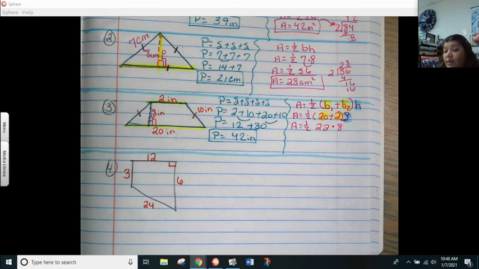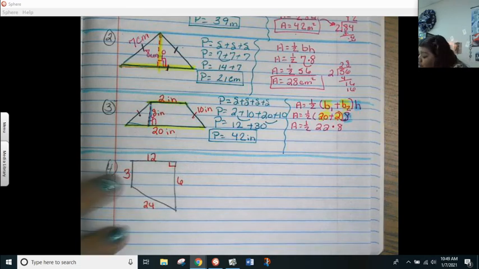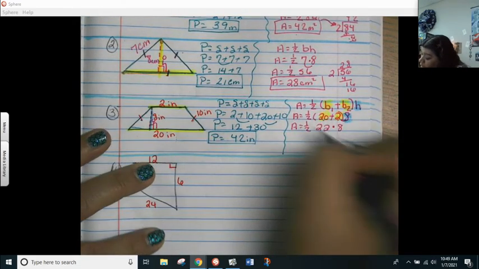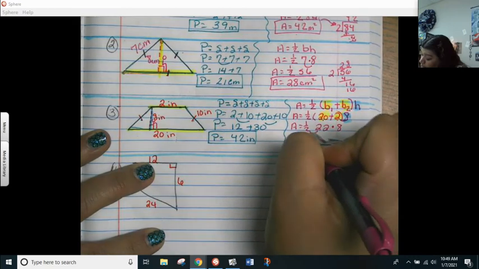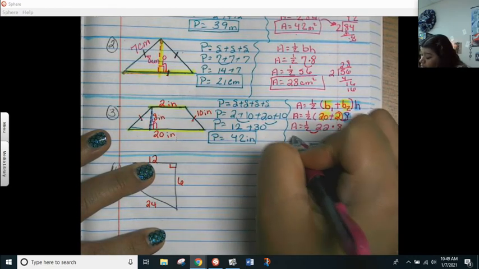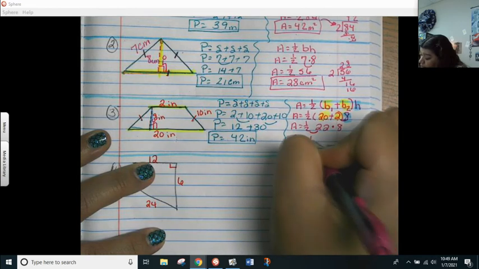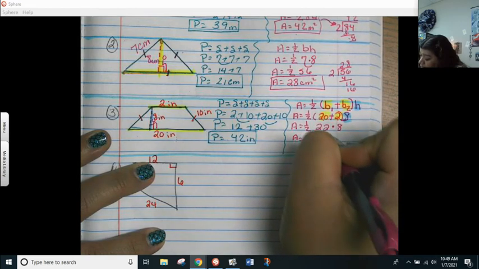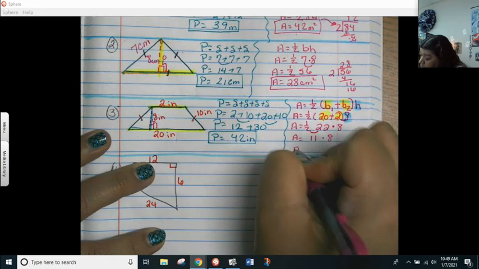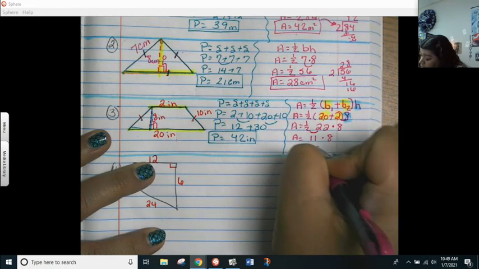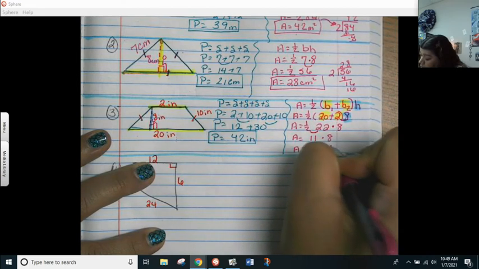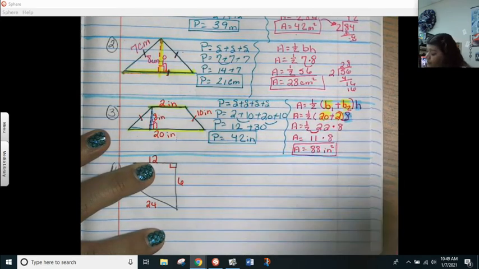So you can divide by 2 first or multiply and then divide. It's up to you, okay? So I'm going to go ahead and divide this by 2. So if I do 22 by 2, that's going to get me 11 times 8. And 11 times 8 is 88 inches squared.